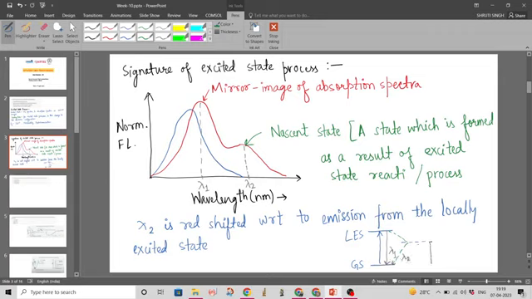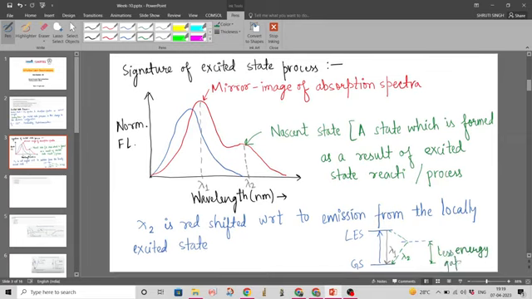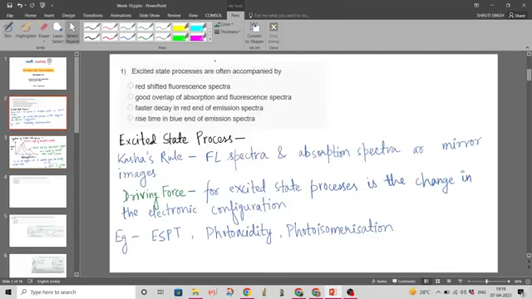As this energy gap is lesser, that's why this lambda 2 peak, the peak from the nascent state, is redshifted. So the answer to this question is that the excited state processes are often accompanied by redshifted fluorescence spectra.